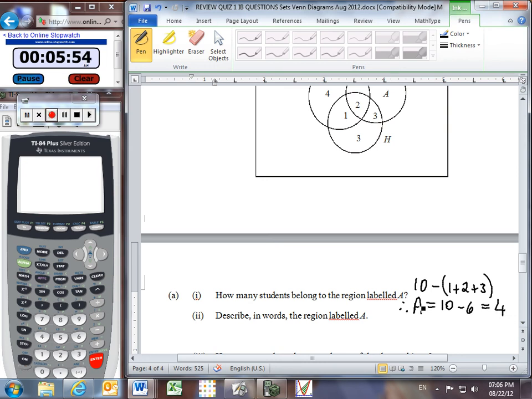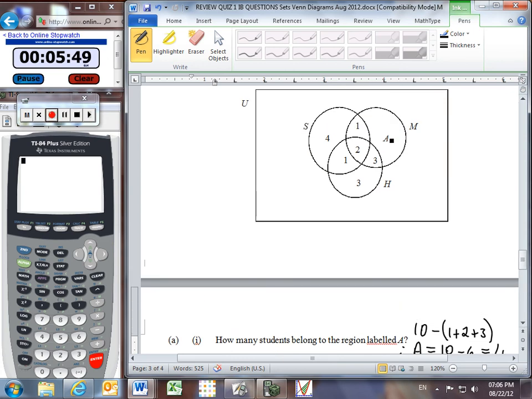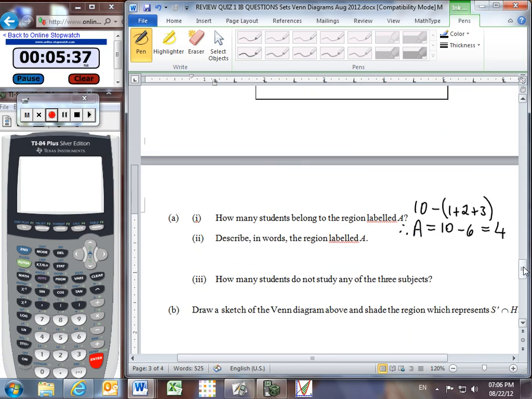Describe in words the region labeled as A. Well, these are the people who are in the math circle, so they do take mathematics, but they're not in the S or H circles, so they do not take science, nor do they take history. So maybe the easiest way to say this is they are the students who only take math.